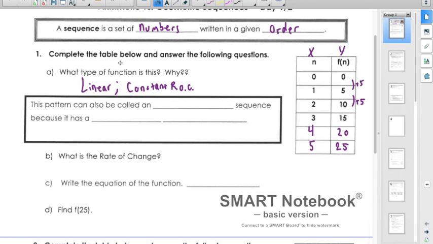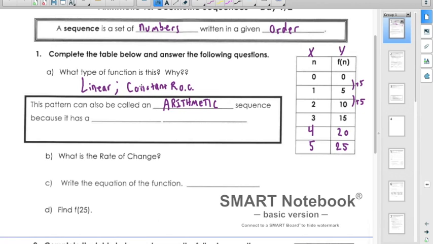So, if we have a linear function, that pattern can also be seen as arithmetic. This is what this is called. And this is a very important math term that we're going to start using. Arithmetic sequence.